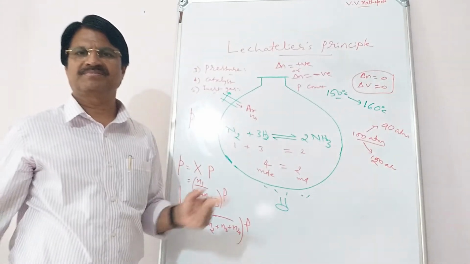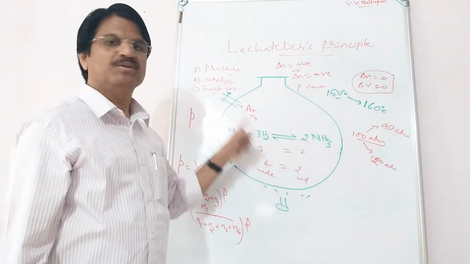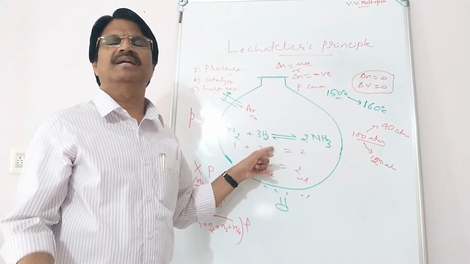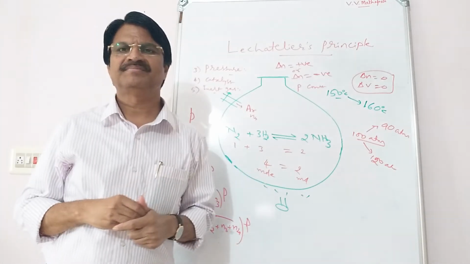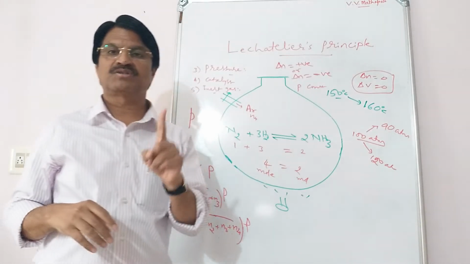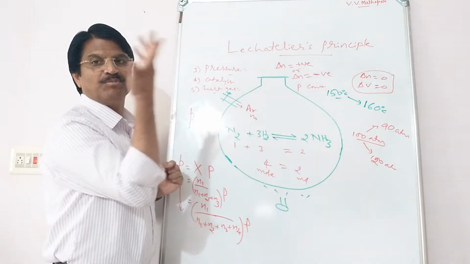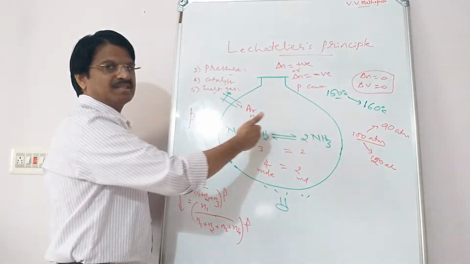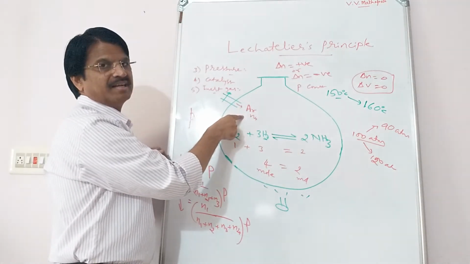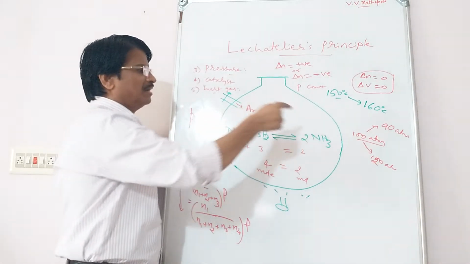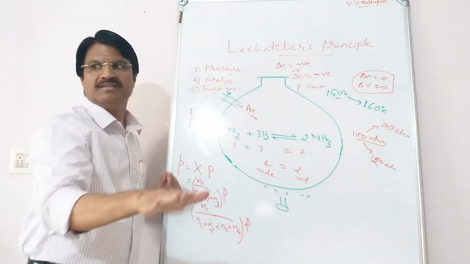If pressure decreases, the system tends to increase the pressure. But how does it increase? By increasing the number of moles, therefore the backward reaction is favored. If noble gas is added in this equilibrium, the backward reaction is favored, or the yield of ammonia decreases.